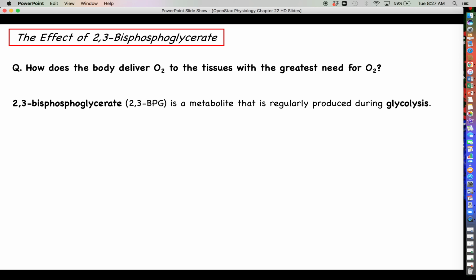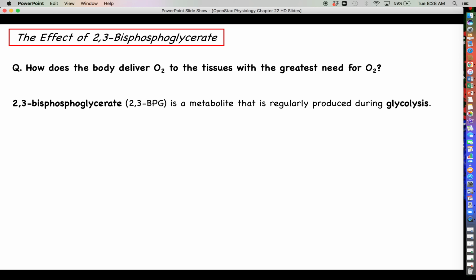You'll recall from Chapter 3, glycolysis is the first step in cellular respiration. It is a 10-step process using 10 different chemical reactions that takes glucose and forms pyruvate molecules. And those pyruvate molecules will then be shunted into the Krebs cycle, and then eventually all the reducing equivalents produced there will be shunted into the electron transport chain and will make a whole lot of ATP, right?